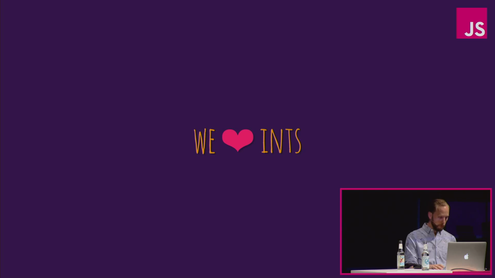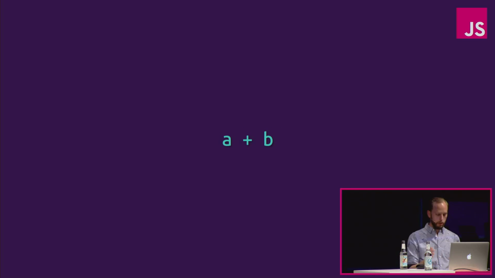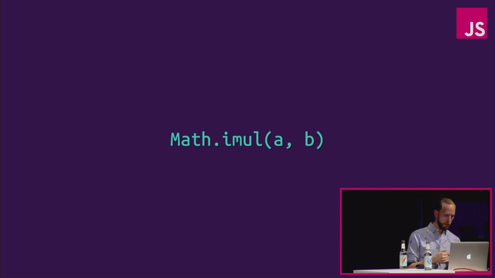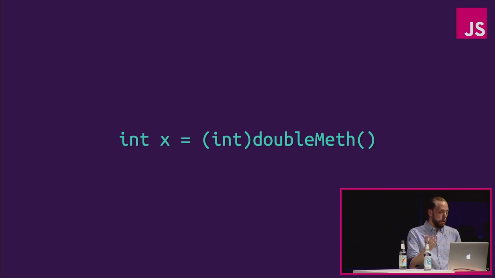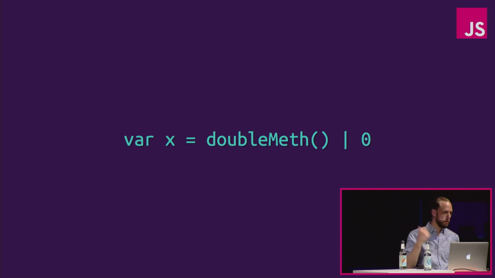The integer, first we thought, yeah, we love integers, they're really cool. A plus B, it's simple, just add the OR operator, because the JavaScript integer is 32-bit, and you need the overflow when you do addition. For multiplication, thanks to asm.js, we can now simply use integer multiplication. That's nice. And if you have a double, of course, just OR it.